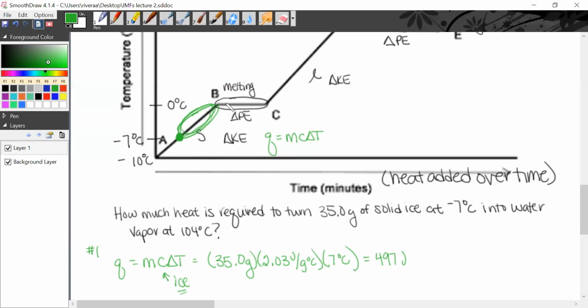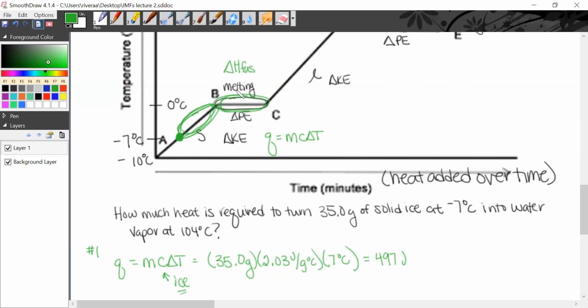We need to keep going though, right? Because I want to go all the way up to that point at 104 degrees Celsius. If I want to know how much heat is required to phase change, to melt that ice, there's no delta T there. So I can't use Q equals MC delta T. I have to look at the delta H of fusion, right?